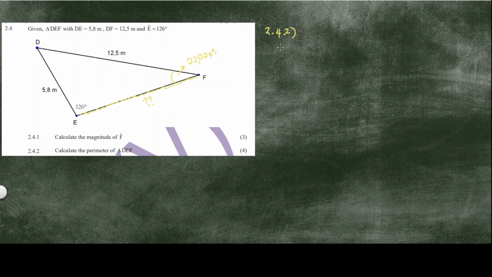This is a triangle and it adds up to 180. So it's going to be 180 minus angle E, which is 126, minus angle F, 22.024. So we're going to subtract everything from 180. What's the answer?